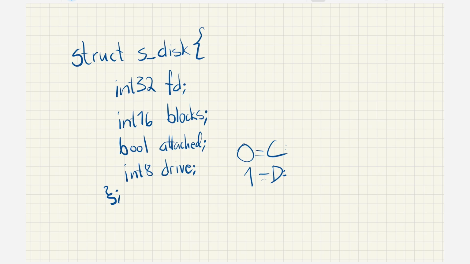Possibly I will do it so it's 0x80 at C if I want to support other things like floppy drives. This is a better system, but I haven't yet decided.